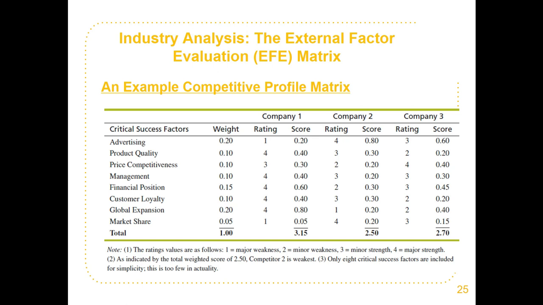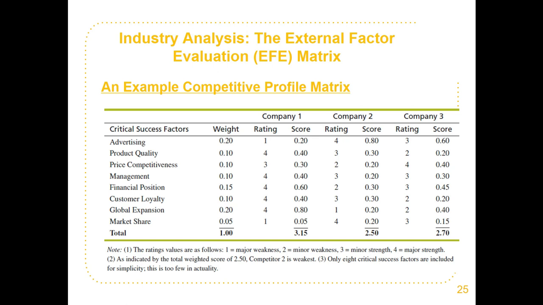If there were no weight column in this analysis, each factor would be equally important. Thus, having a weight column makes for the most robust analysis because it enables the analyst to assign higher and lower numbers to capture perceived or actual levels of importance.